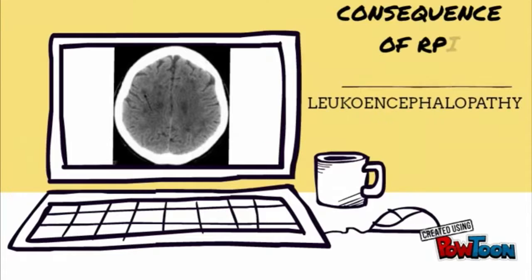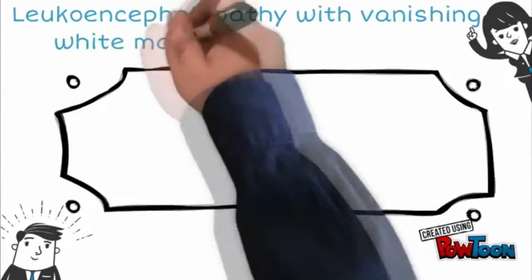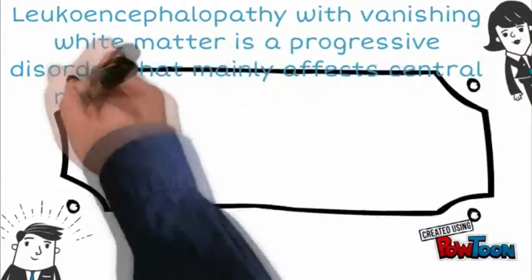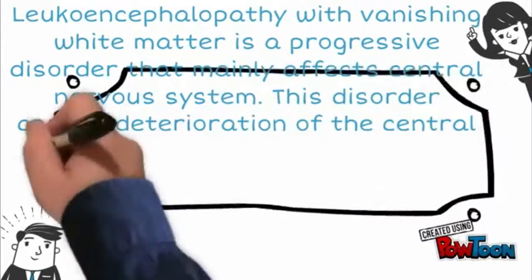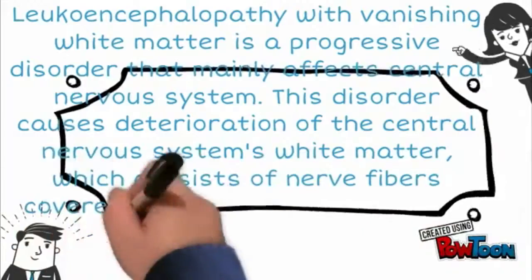As a consequence of the RPI disorder, a brain disease called leukoencephalopathy is developed. Leukoencephalopathy with vanishing white matter is a progressive disorder that mainly affects the central nervous system. This disorder causes deterioration of the central nervous system's white matter, which consists of nerve fibers covered by myelin.